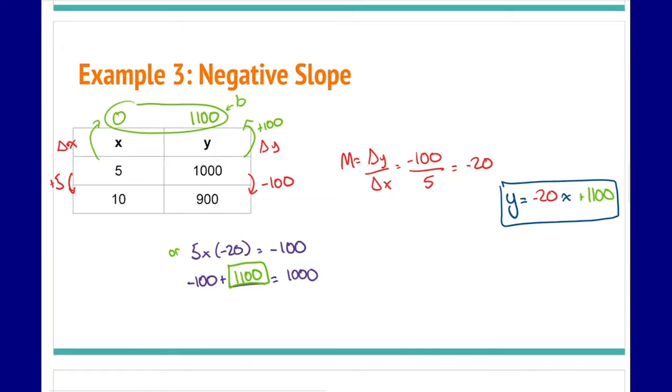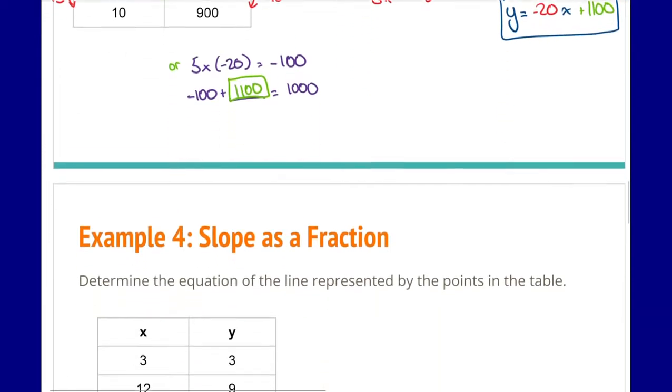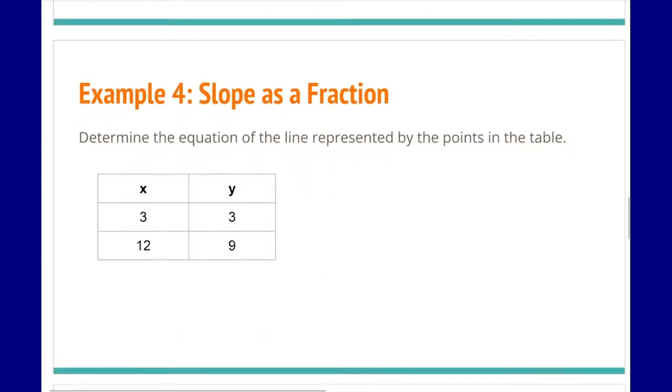So there's one way to come up with the equation from 2 points. We're going to look at another example, same idea, except in this case our slope is going to be a fraction. So essentially we're going to work through and just kind of see that we can have different representations for our slope. But as long as we have 2 points, we can find the equation, or we should be able to find the equation.